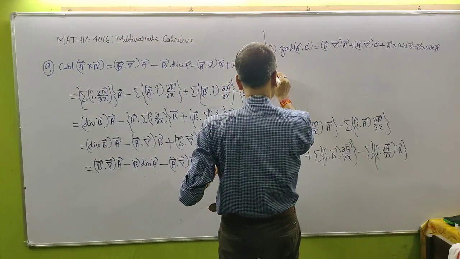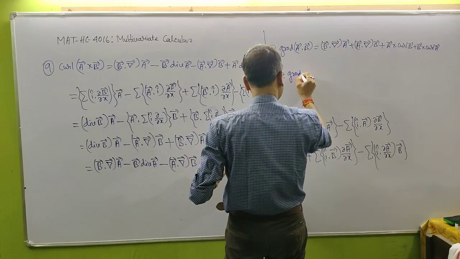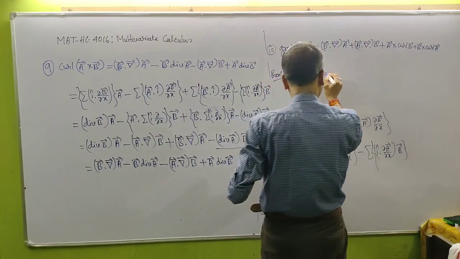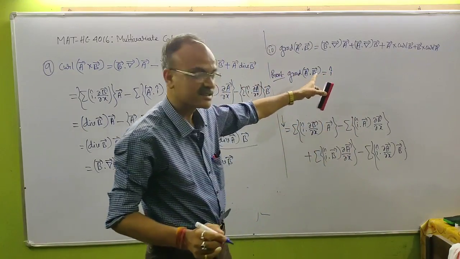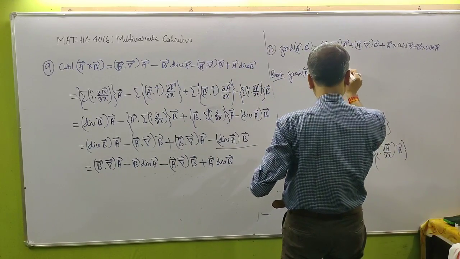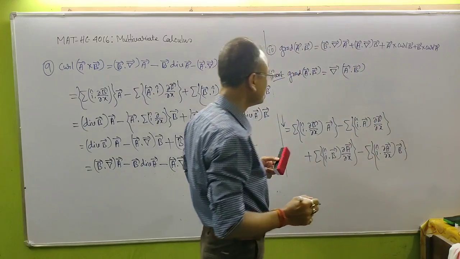Now, proof. What is the proof of this? Gradient of A dot B, which will be equal to, just write, it is nabla A dot B. You may write in this way.